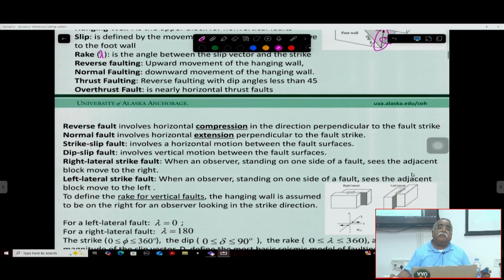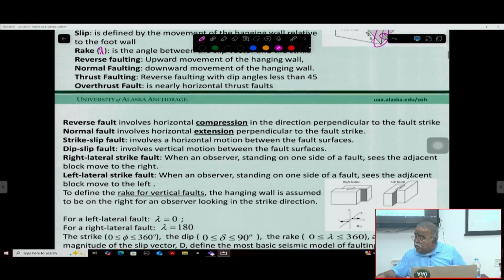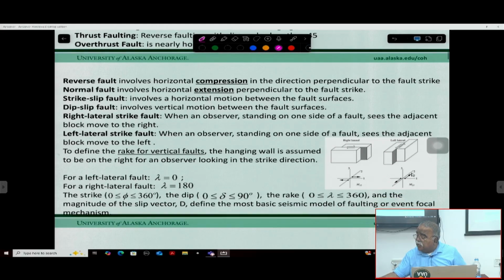If it is a reverse fault, then the reverse fault basically involves compression. If it is a normal fault, it will move like so. That is your extension. Then there is a strike slip fault and a dip slip fault. You all know that, and then this is your lateral, left lateral, right?